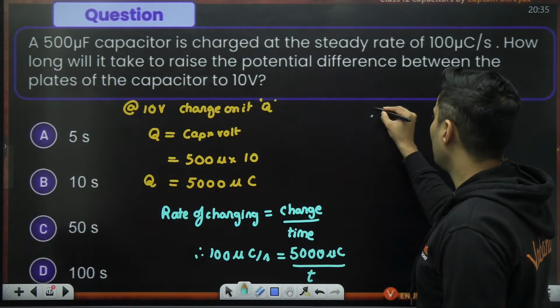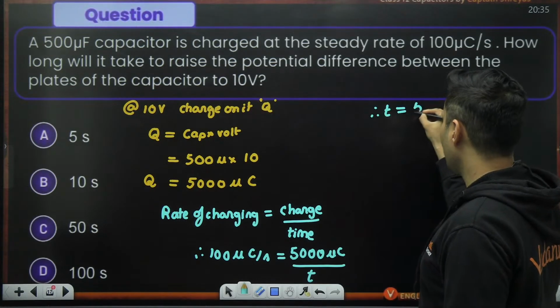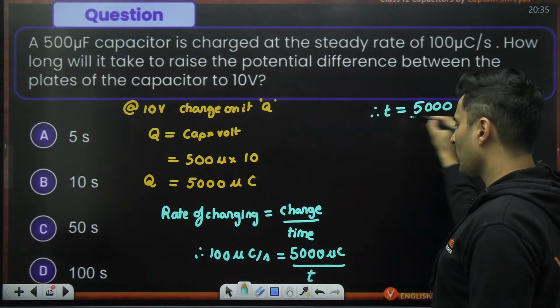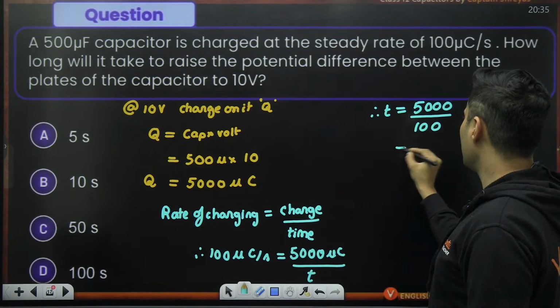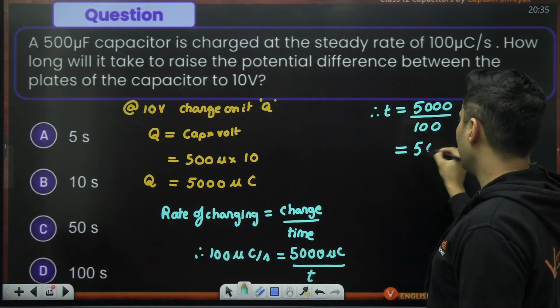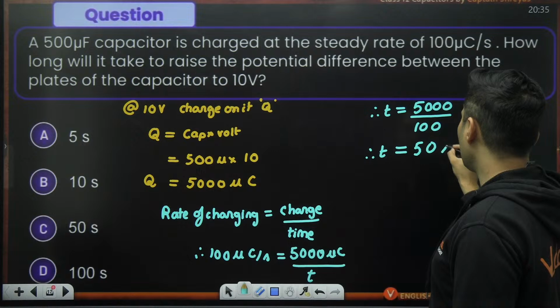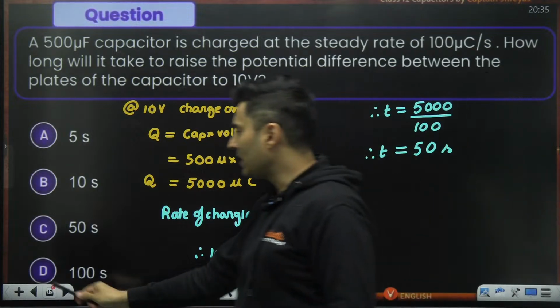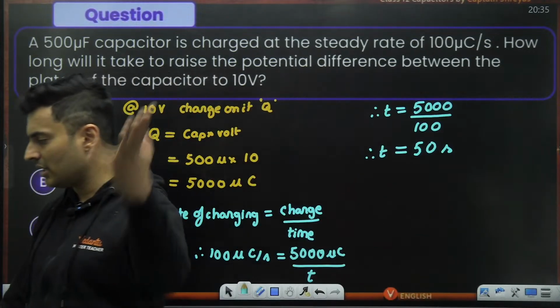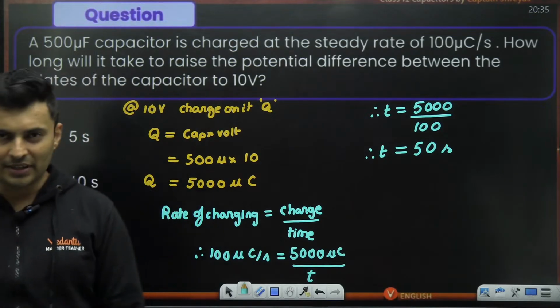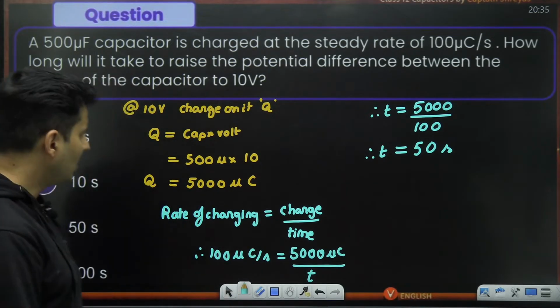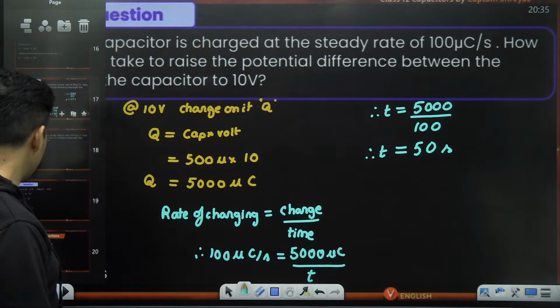Time I do not know. So therefore, time will be nothing but 5000 divided by 100. Two zeros cancel, so I'll be left with 50, and that 50 is obviously in seconds. So the correct answer is option C, which is Captain Shreyas, 50 seconds. Perfect. Cool. This is how you can solve these standard questions.